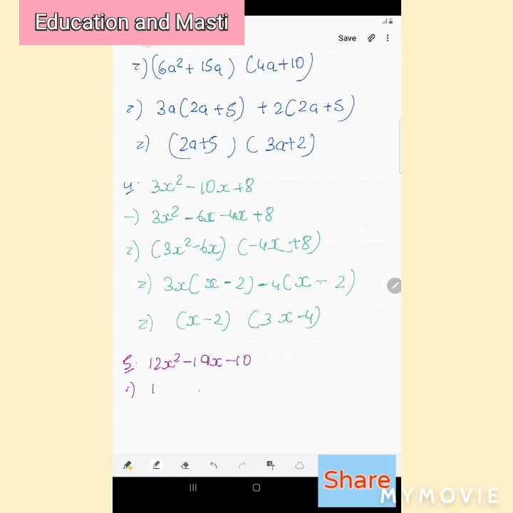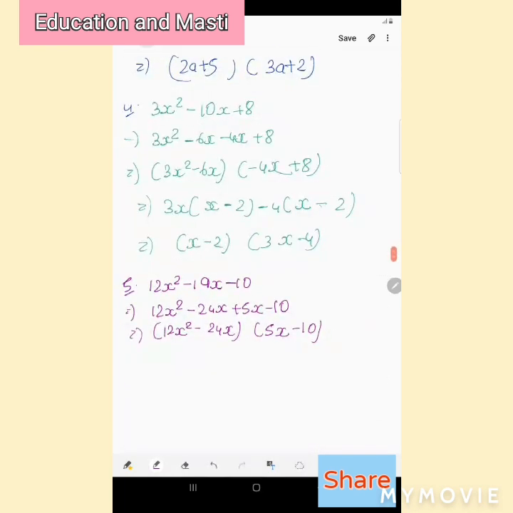So 12x square minus 24x plus 5x minus 10. So I will take in common as usual 12x square minus 24x and 5x minus 10. Okay. So now what I will do here is take out the common one.